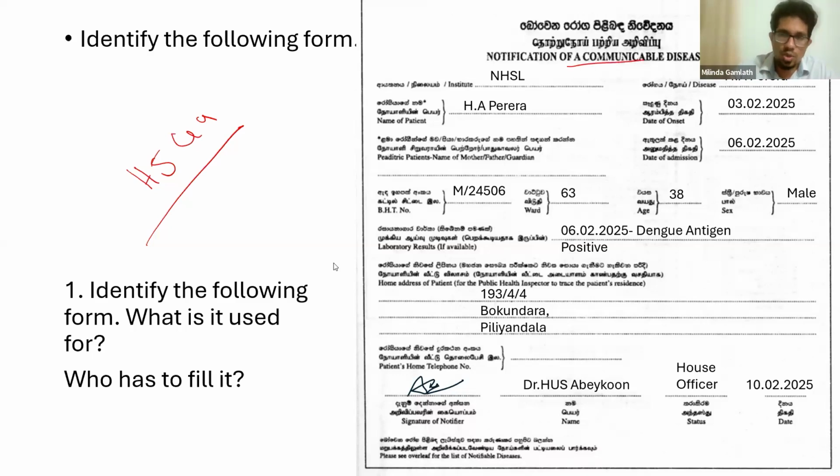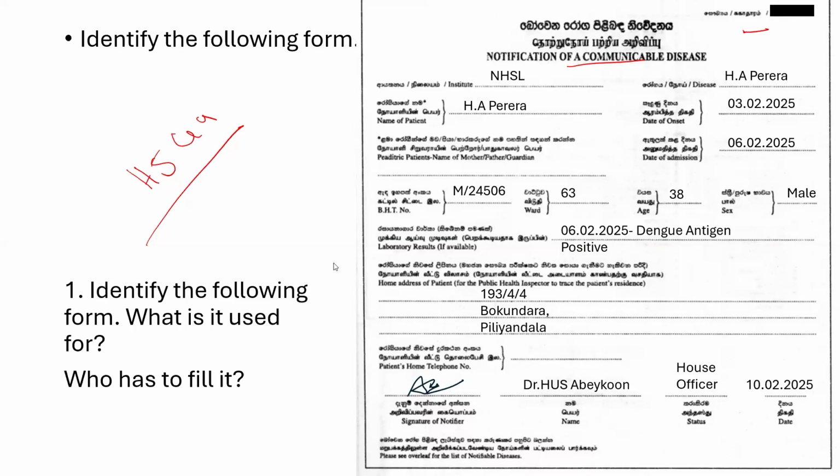So what diseases do you have to notify using this? Okay, there are categories. There's group A diseases and there are group B diseases. The diseases falling under group A are cholera, plague, and yellow fever. And the group B diseases are acute flaccid paralysis, measles, rubella, and congenital rubella syndrome.